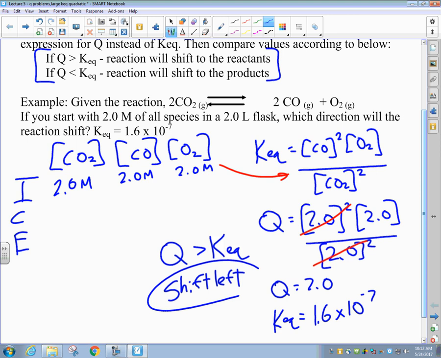And that's all this problem is requiring. If, for some reason, the problem asks you to go further, then you would recognize that that would be increase, that would be decrease, and then you would continue on with the problem. Since our problem only asks us to solve for which direction the reaction is shifting, we're going to stop there and move on to our second type of problem that we have today.